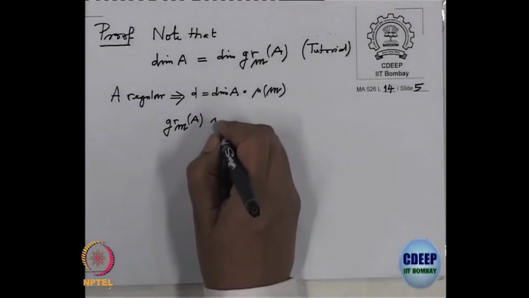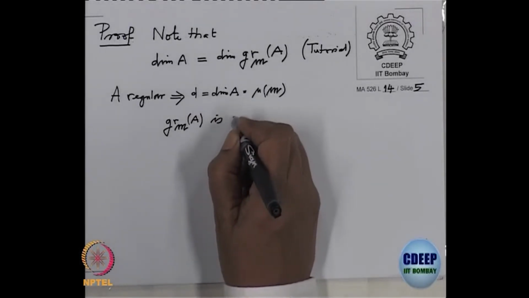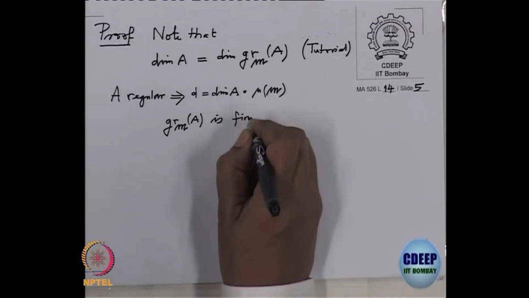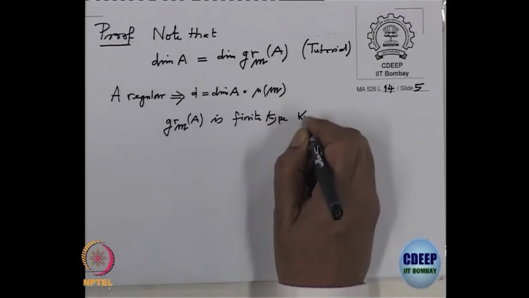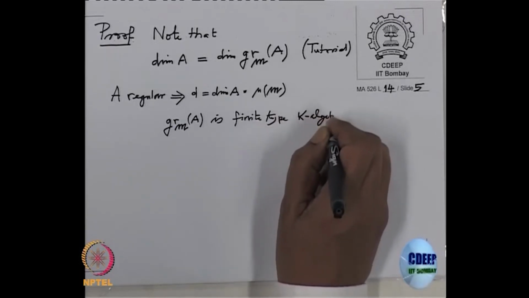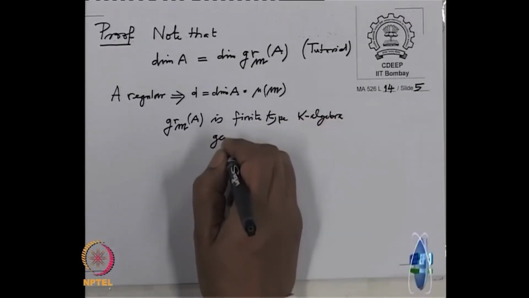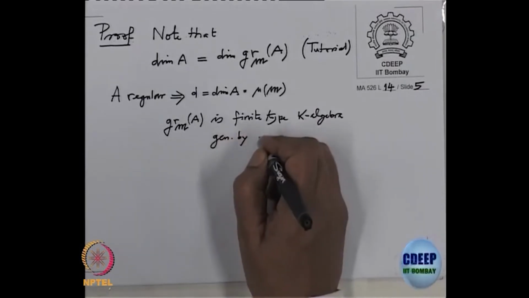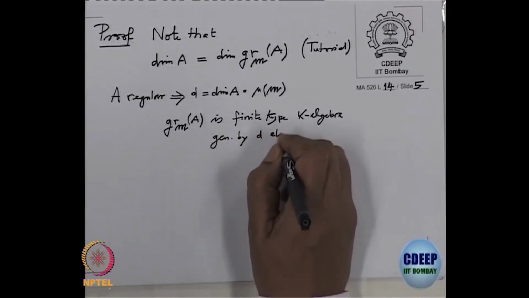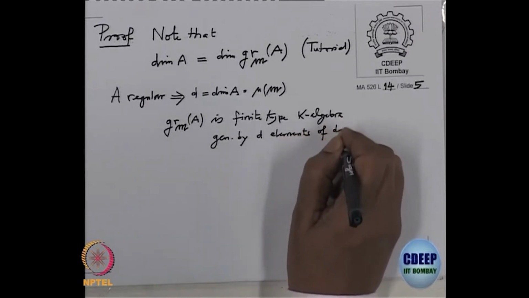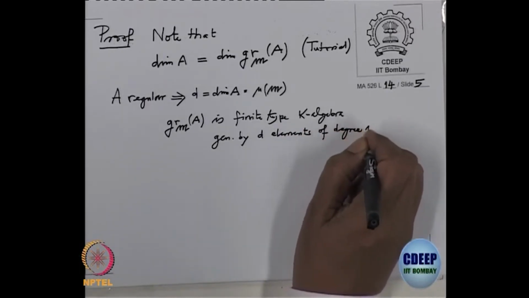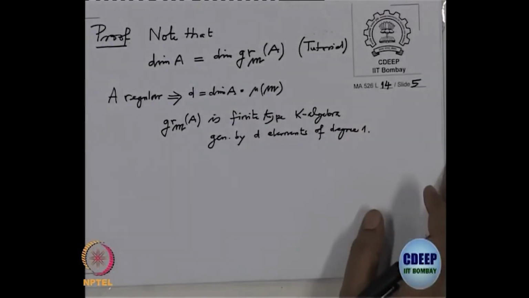So, this is a finite type K-algebra generated by D elements of degree 1, because the maximal ideal is generated by D elements.